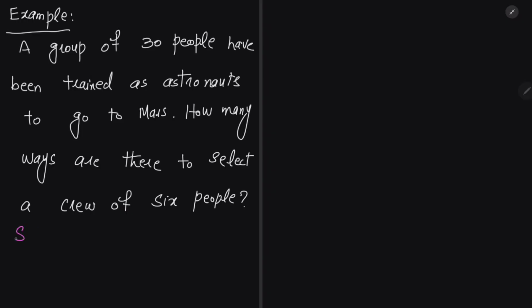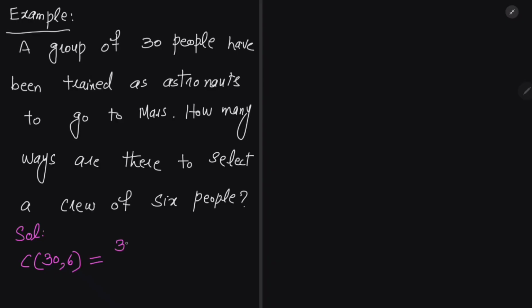Now you want to make a distinct team from 30 people. So how many ways are there? We apply combination C. In total we have 30 people, and from these 30 people you want to make a team of six members. Since we want to make a distinct team, the team should not repeat.